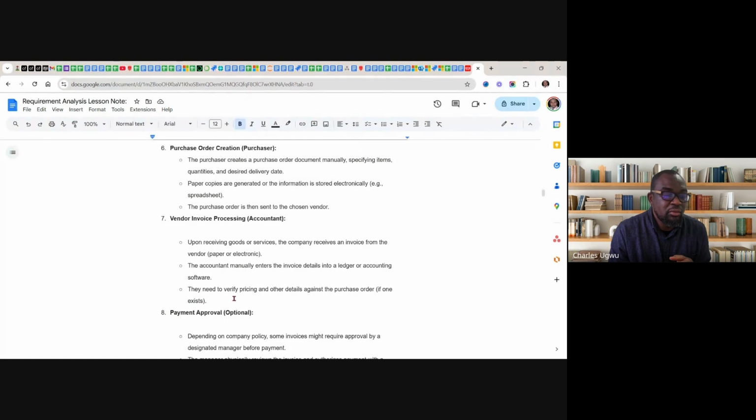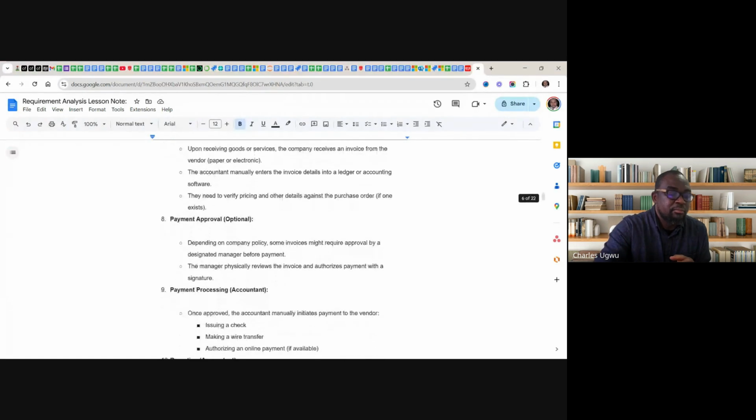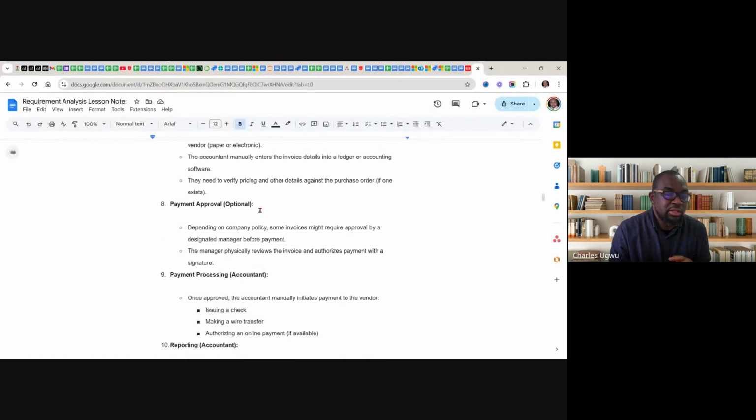They need to verify pricing and other details against the purchase order, and then payment approval, which is at times optional. Depending on company policy, some invoices might require approval by a designated manager before payment. The manager physically reviews the invoice and authorizes payment with a signature.